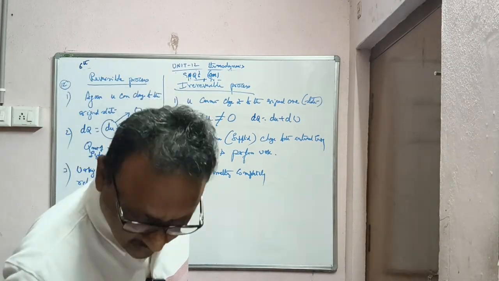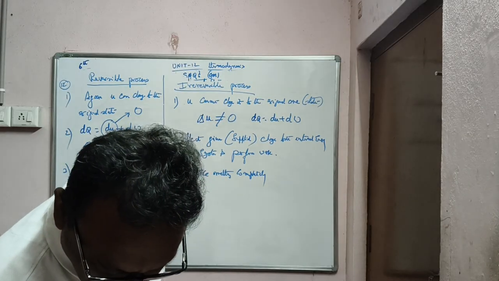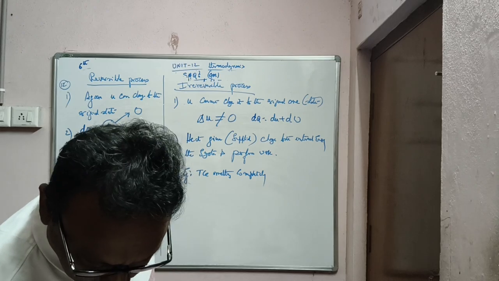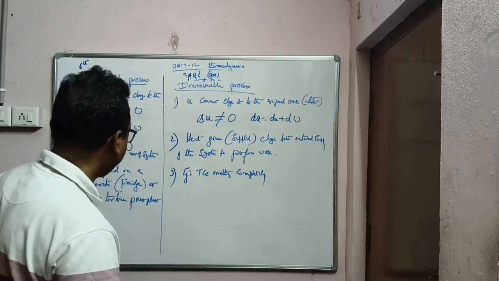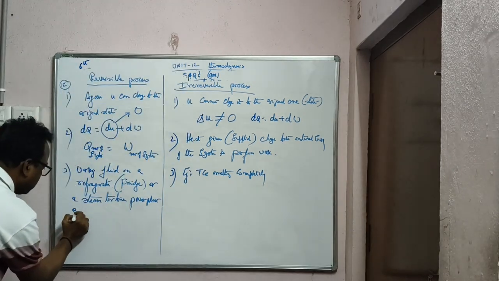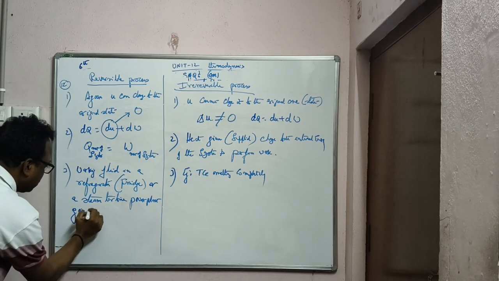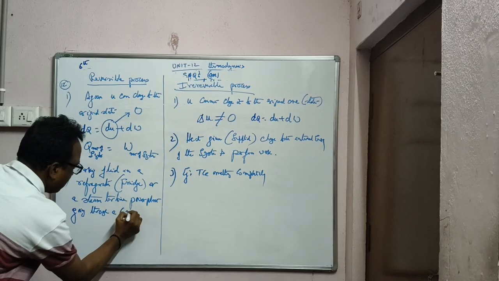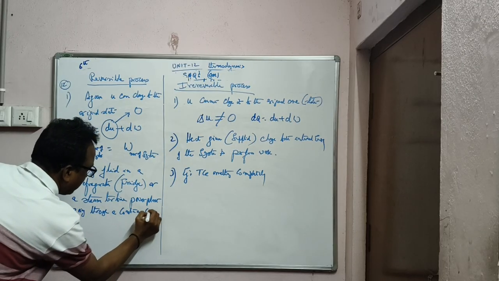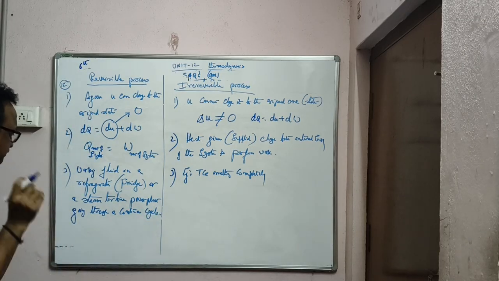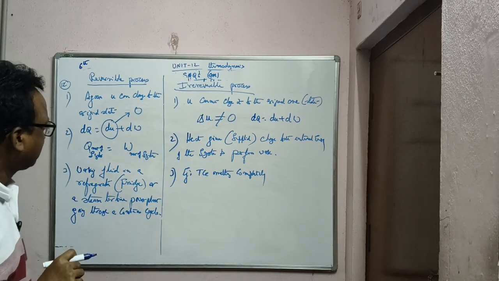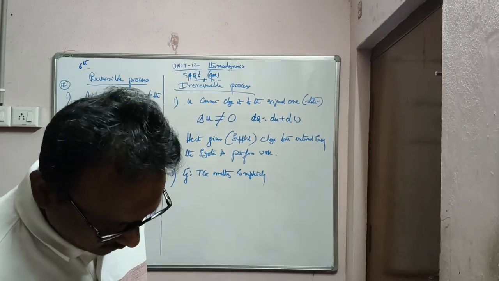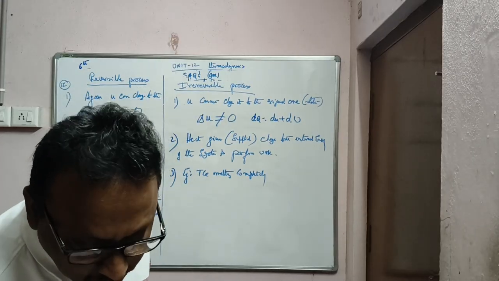Now you can write down, this is a theoretical point. Steam turbine power plant going through a continuous cycle. Okay nandi? So these are some examples.